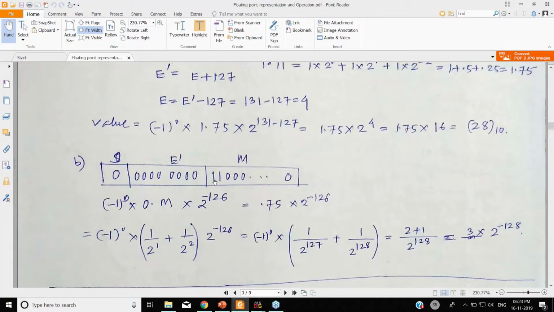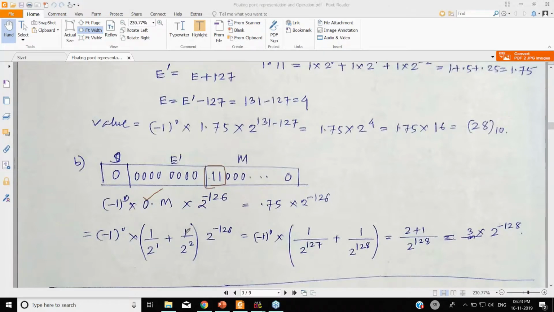So what will be its value? We'll use the explicit format for this. We don't assume there is a 1 here. Had it been implicit, I would have placed 1 here, but this is not 1.m; rather, this is 0.m. So it is 0.11.